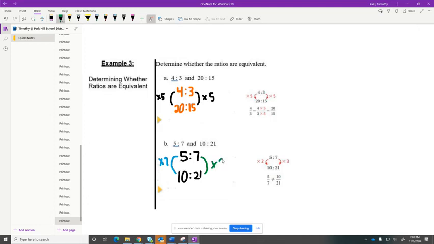So because we're using different amounts to obtain the numbers from one ratio to another, these two ratios happen to not be equivalent.